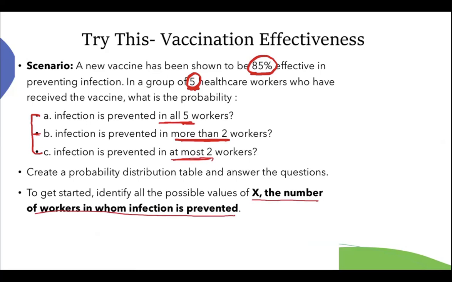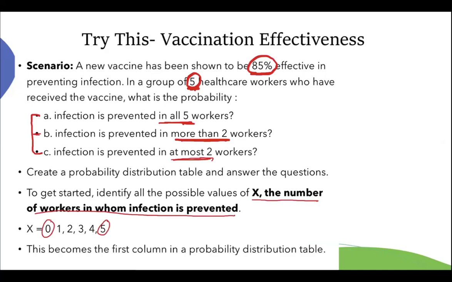The possible values of x range from 0 to 5. You can have none of the workers have infection prevented, or all 5 can have infection prevented. So when x is 5, everybody's successful, and when x is 0, everybody is a failure.